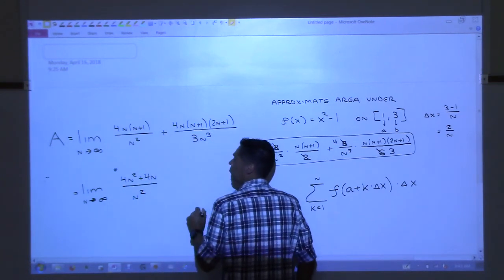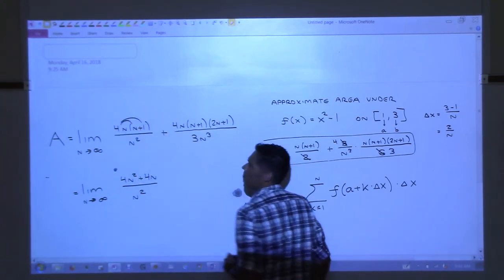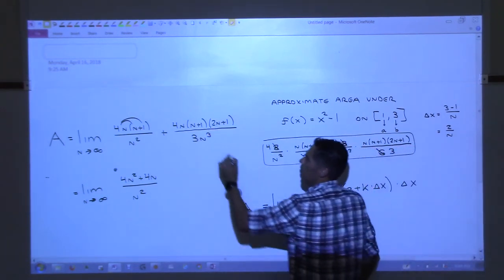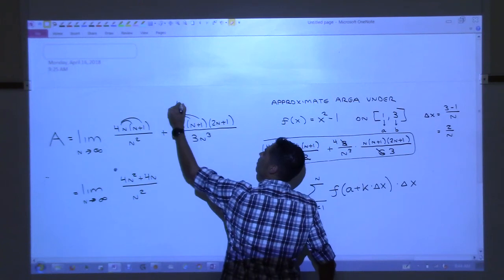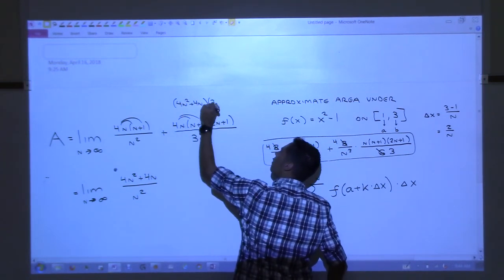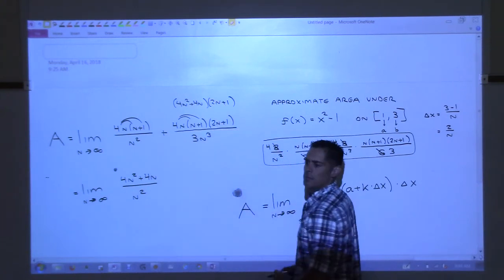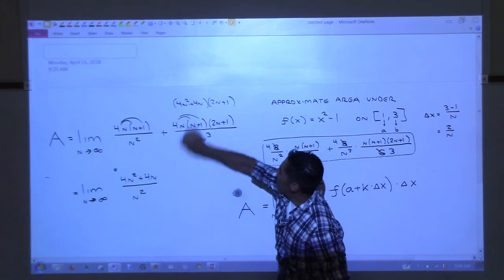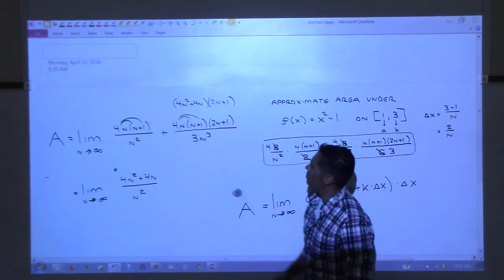So what did I do here? Just distributed. Now this one will be a little bit harder. I'm going to distribute first 4n squared plus 4n, and then I still have to multiply it by 2n plus 1, don't I? So I'm distributing this through. That gives me this. And then I'm going to FOIL those.